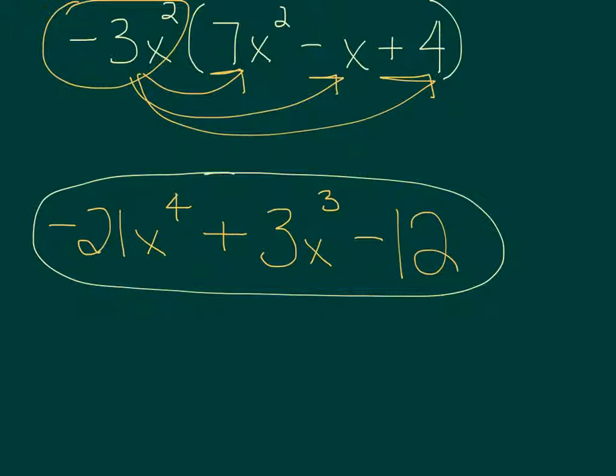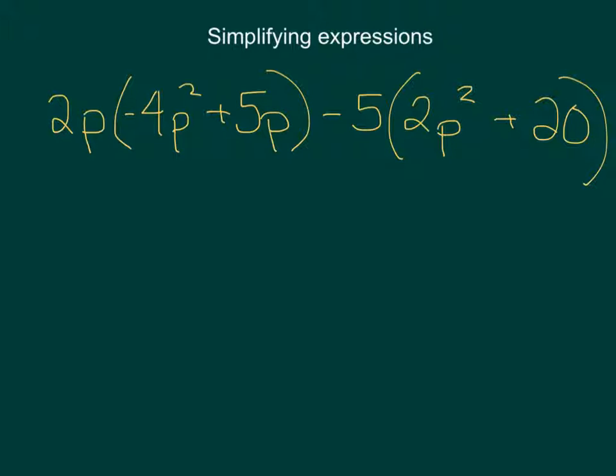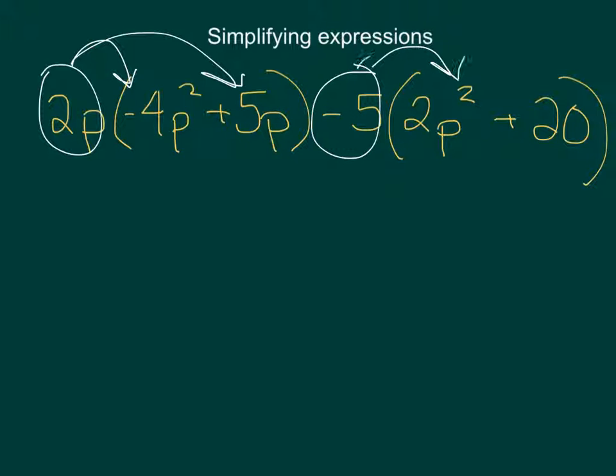And when we simplify expressions, you use the same method as when you're multiplying. So you're going to distribute the 2p to everything on the inside, and then you're going to distribute the -5 to everything.